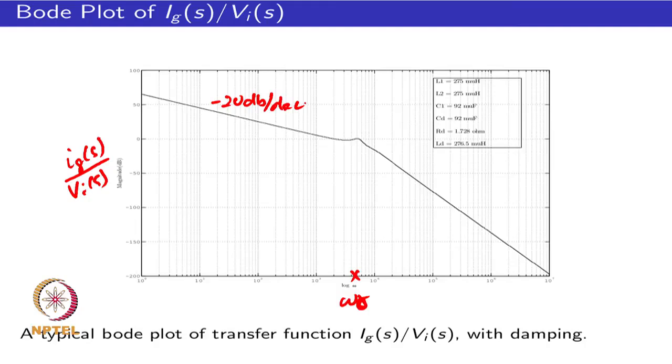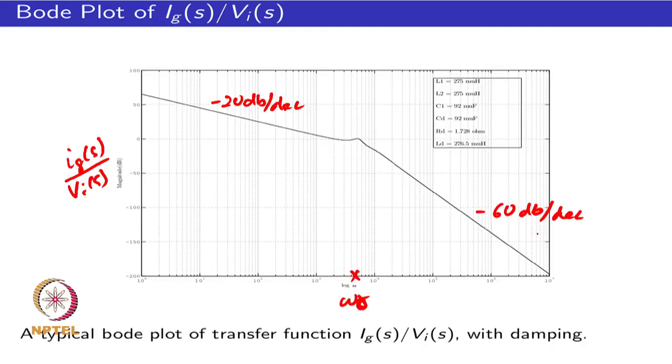So this would be similar to the attenuation characteristics of a simple inductive filter. Beyond the resonant frequency, the attenuation of the LCL filter would correspond to minus 60 dB per decade, which would correspond to a third order LCL filter.